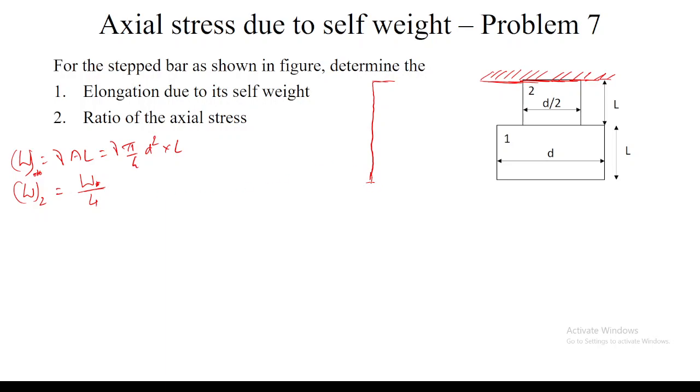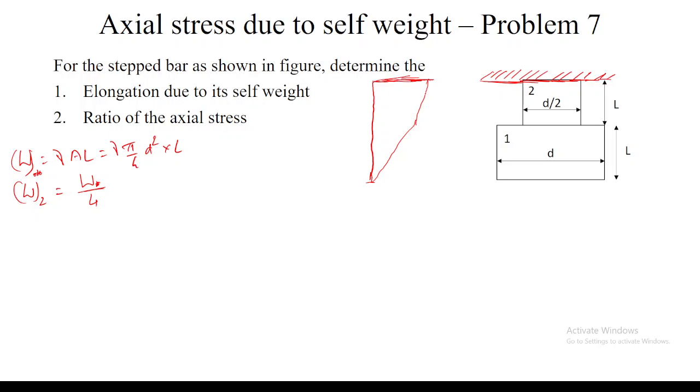So, can you now draw the loading diagram of this? Two linear lines with different slopes. So here it will start from 0, it will go up to W, and after that it will go to 5W by 4. So what will be the reaction of this support?